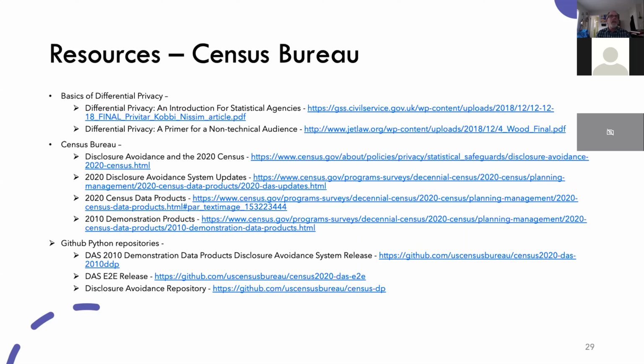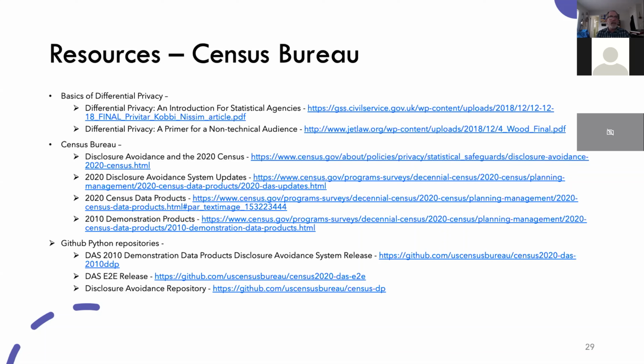One of the resources on the Census Bureau's page was not actually developed by them, but was picked up by them and put on their GitHub page, which I think was a really good idea. Someone constructed a very simple introduction to differential privacy utilizing the methodology the Census Bureau has implemented initially.